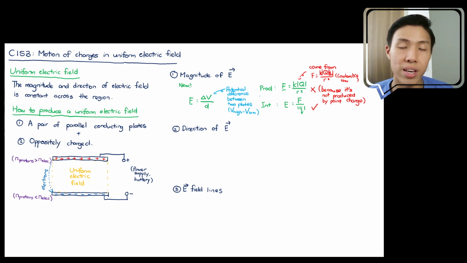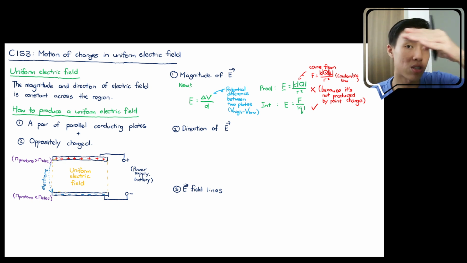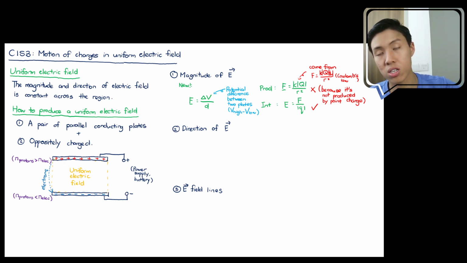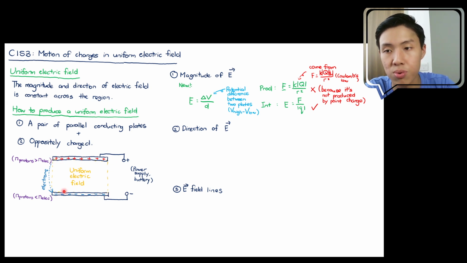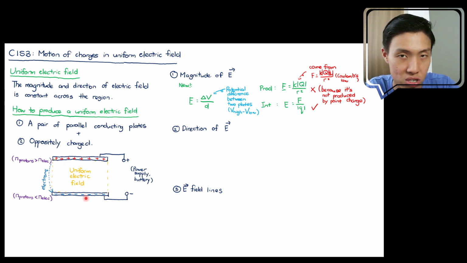The higher electric potential plate, we take its electric potential minus the lower electric potential plate's electric potential. If you look at this situation here, the positive plate has a higher electric potential, whereas the negative plate has a lower electric potential. So usually we take the positive plate's electric potential minus the negative plate's electric potential.